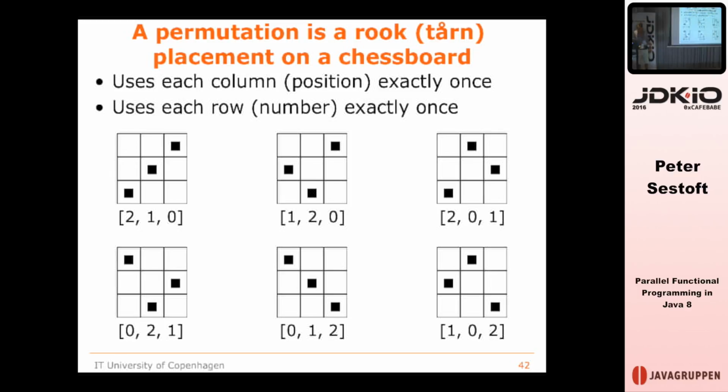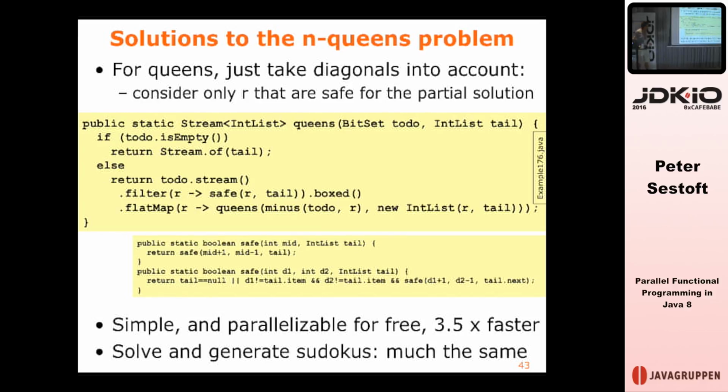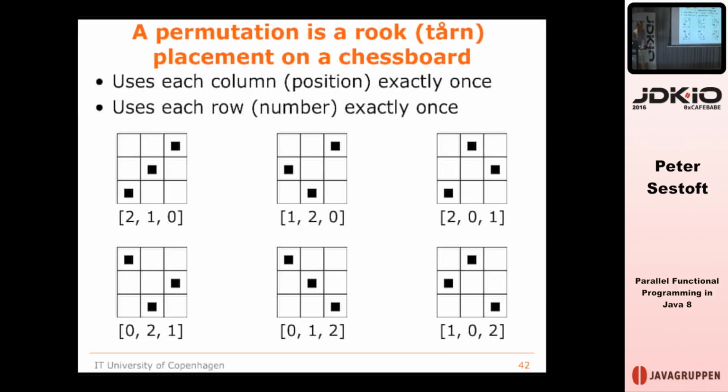So everybody who's into computing has solved the n-queens problem at some point. How to place n queens on a chessboard so they can't attack each other, which is vastly more complicated than placing rooks. But it turns out to be almost the same, actually.